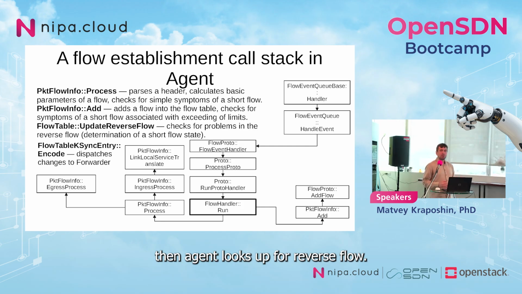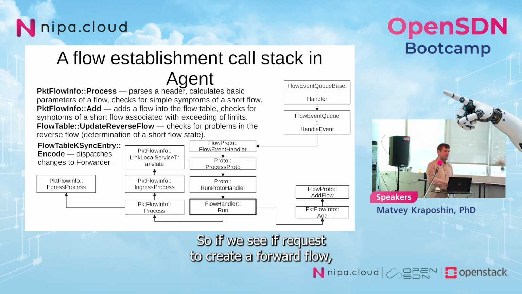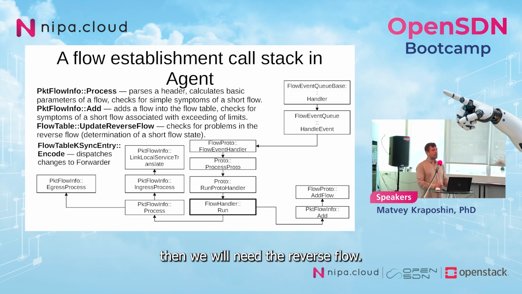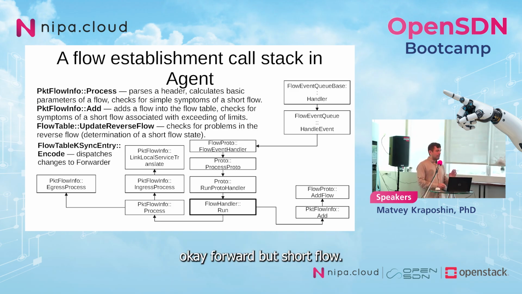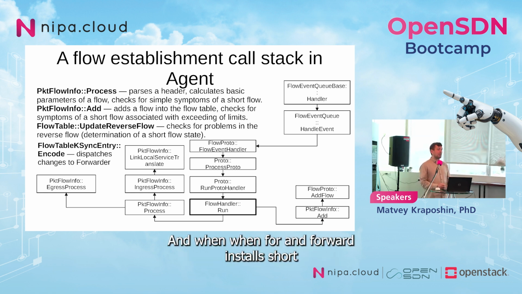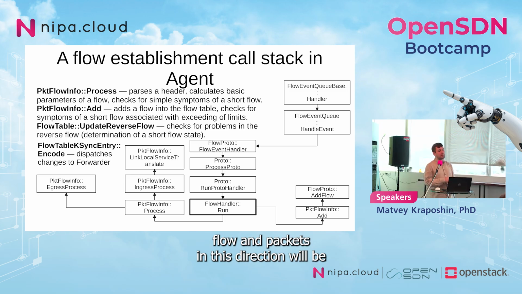Then agent looks up for reverse flow. So if we receive request to create a forward flow, then we will need a reverse flow. If reverse flow is not found, then agent says, okay, forward, but short flow. And when forwarder installs short flow, packets in this direction will be also blocked.